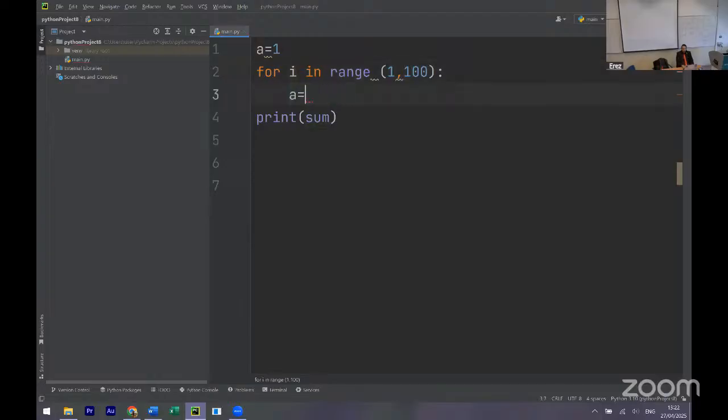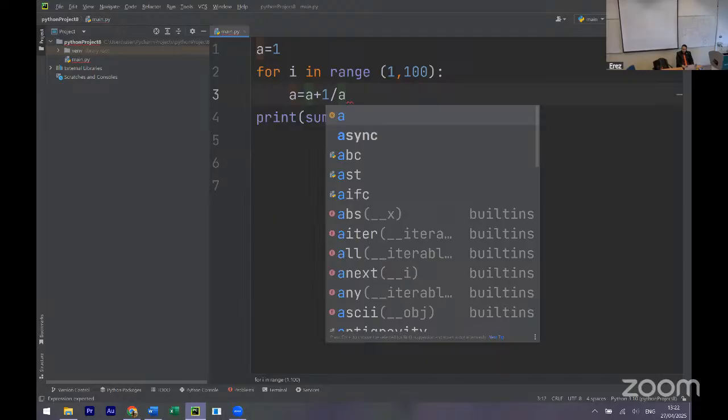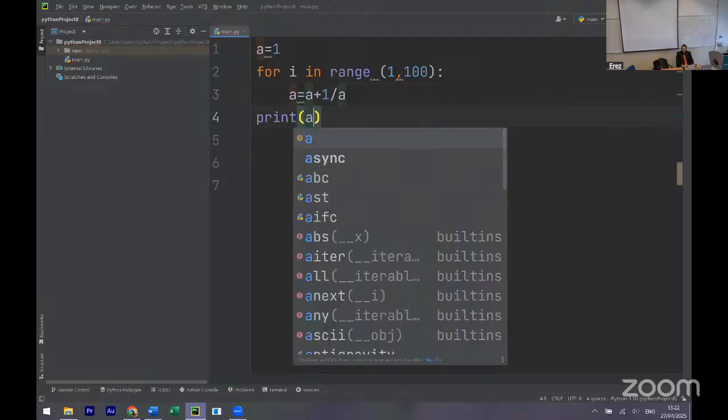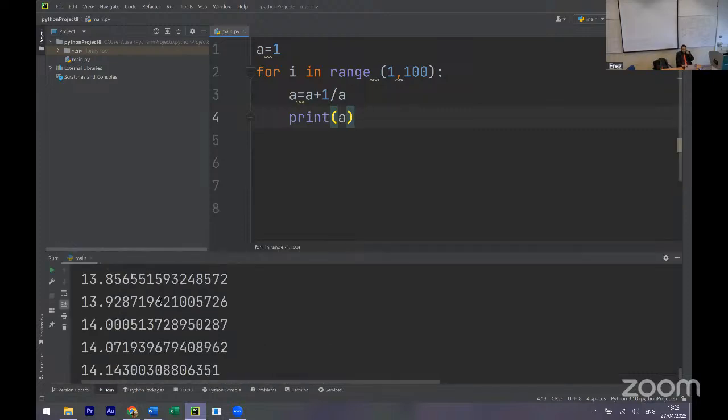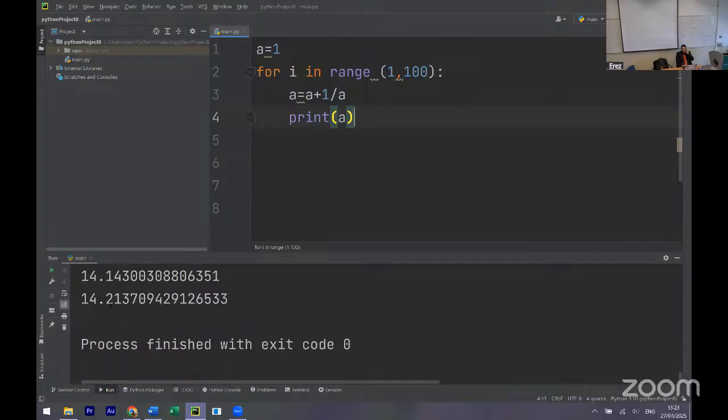A equals A plus 1 over A, and print A. Let's print it within the loop, so I'll see all the elements. So it went on to 14.21. Let's continue until 10,000. 141. Okay.